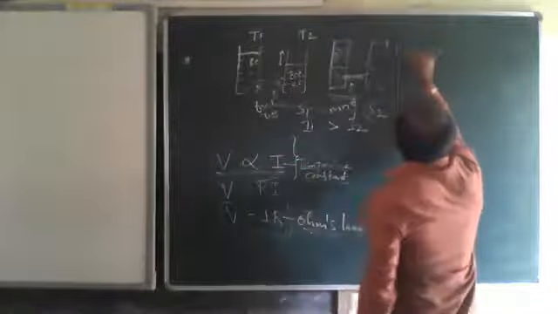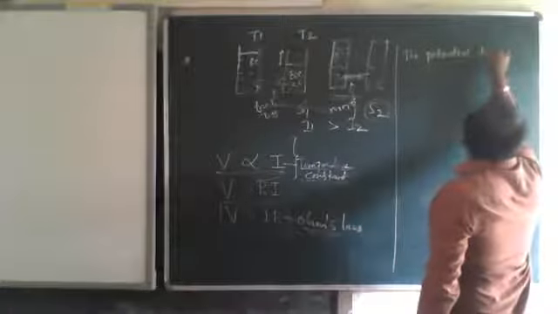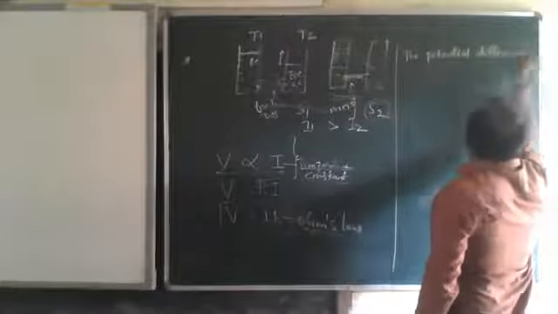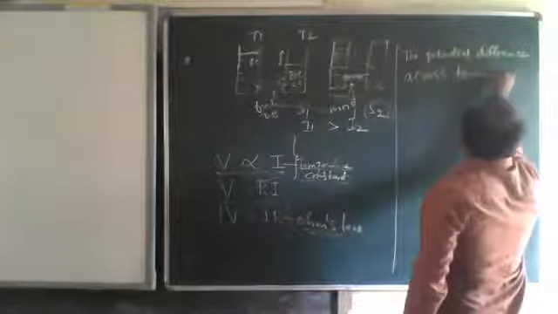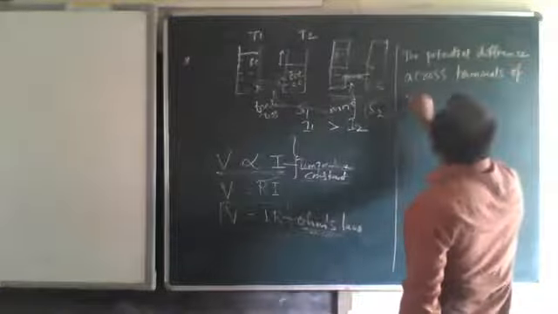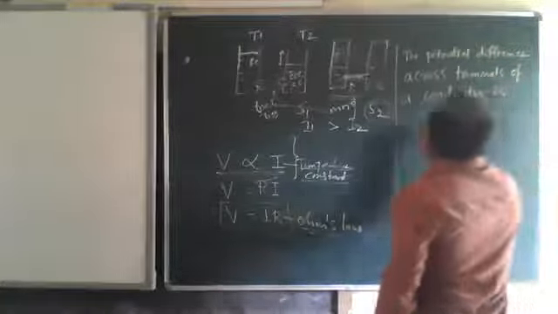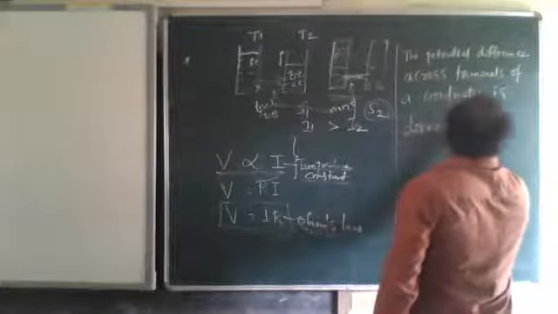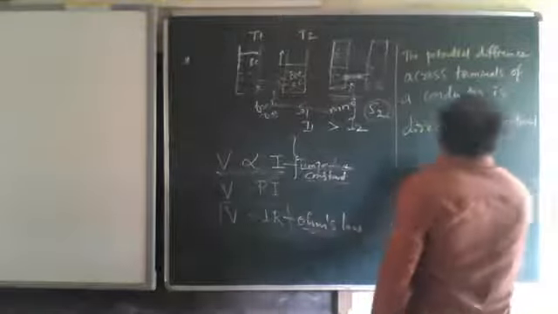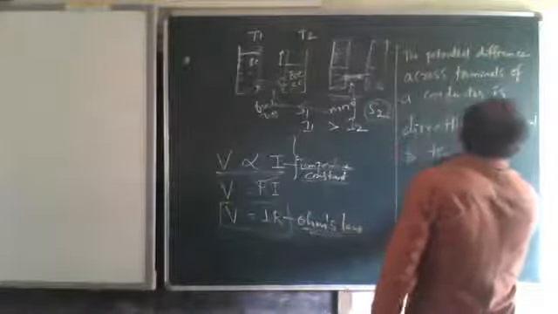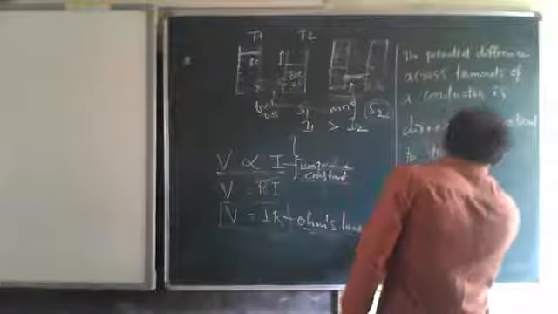The potential difference across terminals of a conductor is directly proportional to the current flowing through it at constant temperature.